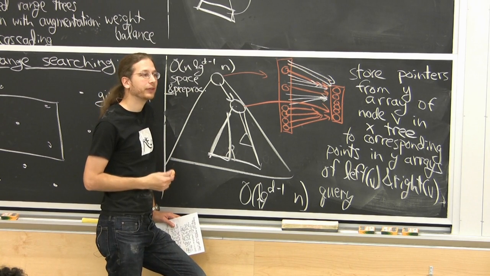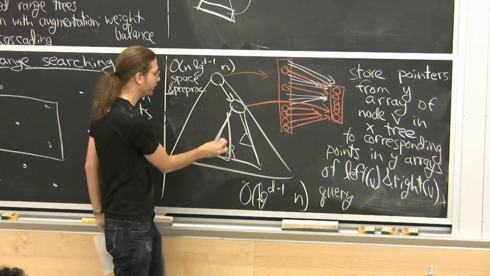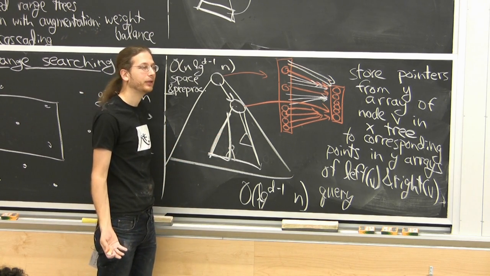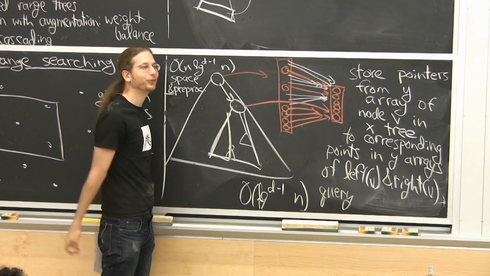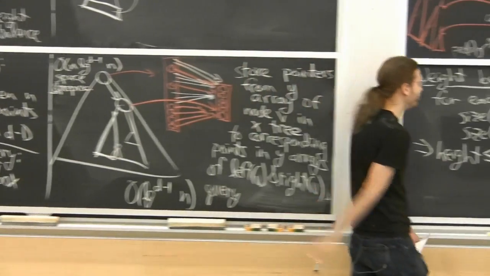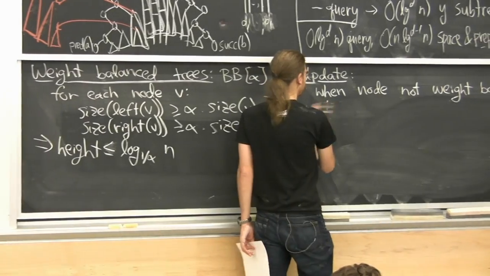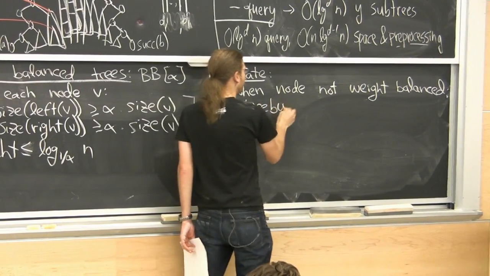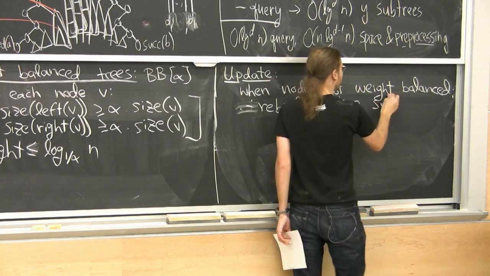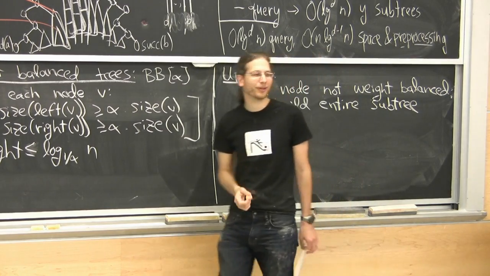How long before it gets unbalanced again? A long time. If I start with a 1/2 split and then I have to get to an alpha, 1 minus alpha split, it's a lot of nodes had to move from one side to the other. The alphas get messy. So let me just say, when this happens, rebuild entire subtree. I guess it's like a half minus alpha had to move.